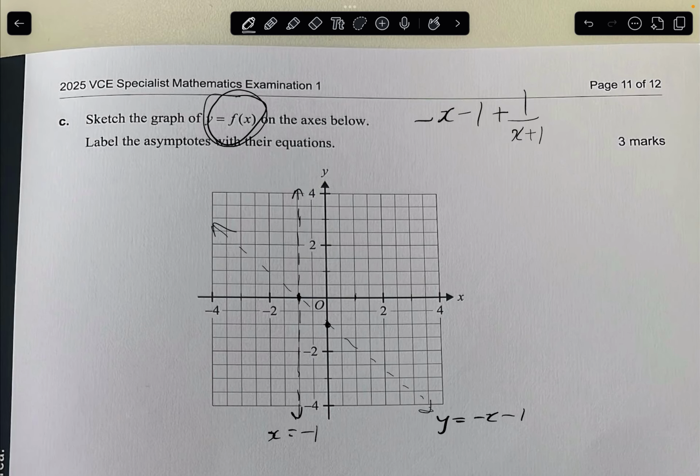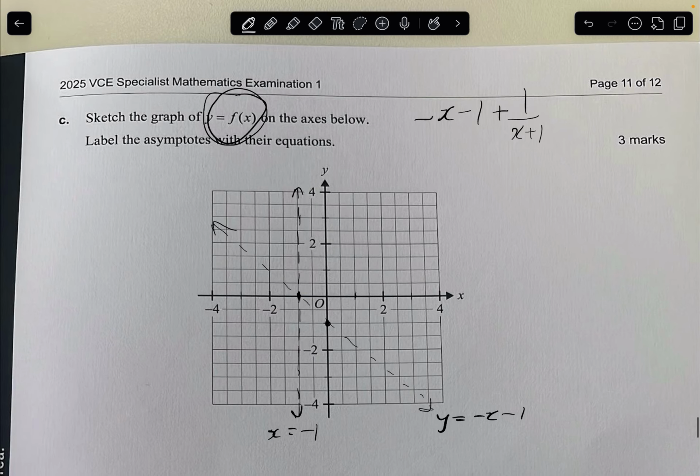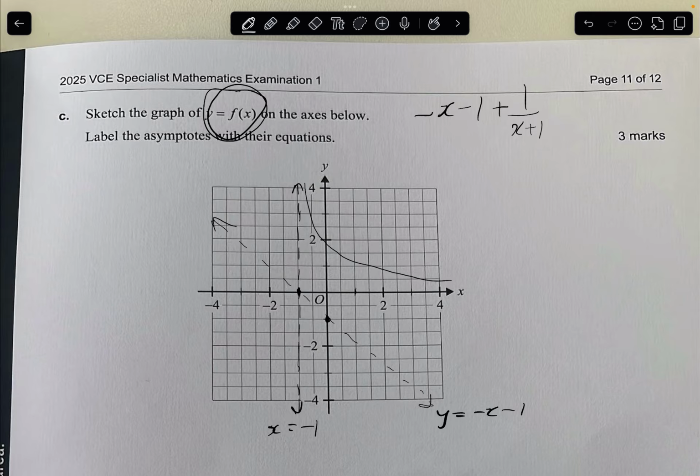So where are the branches? It's going to be that, and then usually it would be like that and that. However, we're adding that to this line. So it should be above.